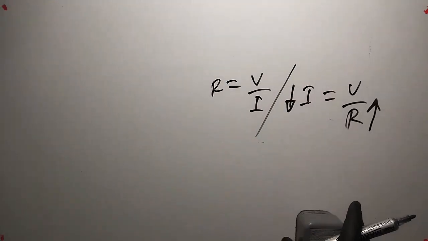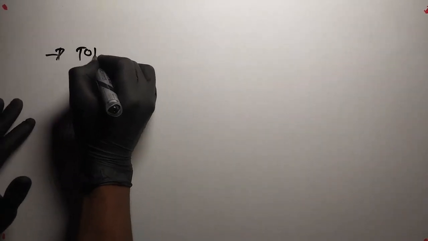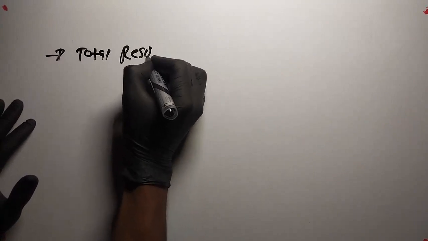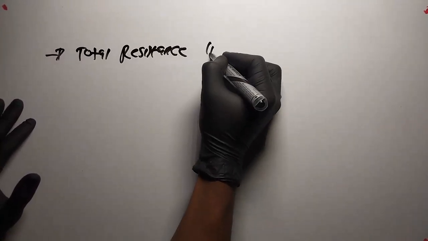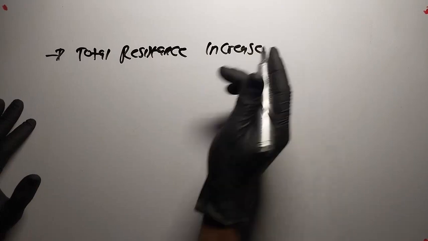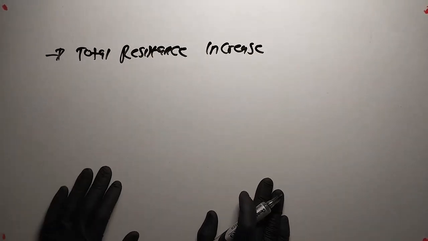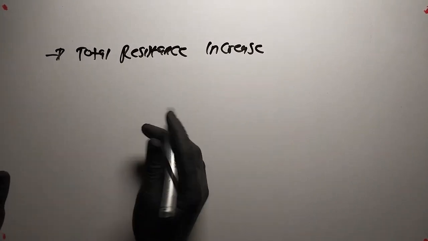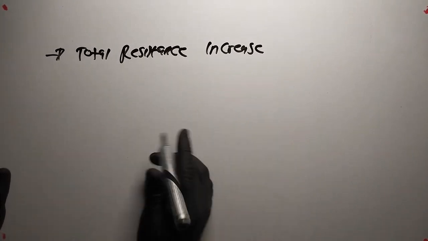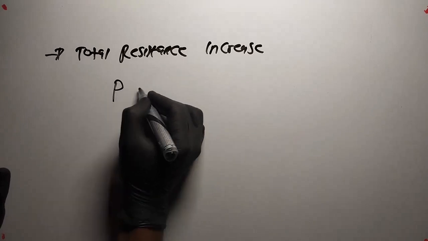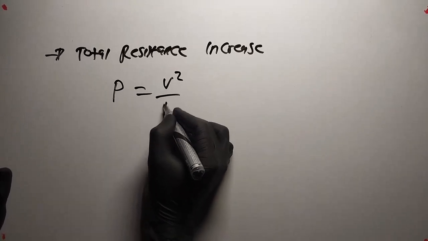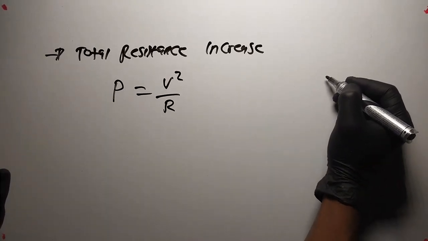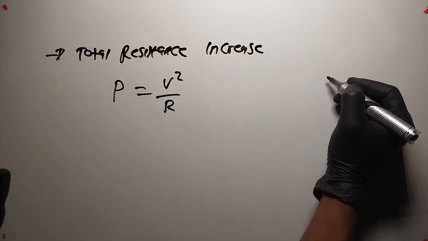Okay, so there's something I want us to remember. The first thing, once you remove a resistor, the total resistance increases. Understand? So when it increases, there is a formula that I want to write down. You still remember the formula P equals V squared over R. Where does this come from?